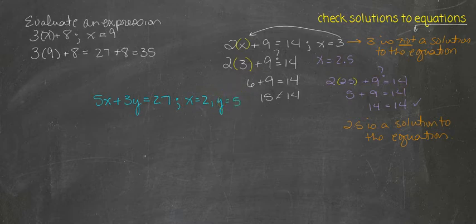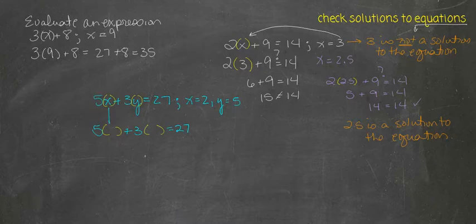All right, so if I plug in for my x and y, I get 5 times big gaping hole plus 3 times big gaping hole equals 27. And the big gaping hole just keeps you from making a mistake. If you have lots of negative signs, it's easy to make a mistake.